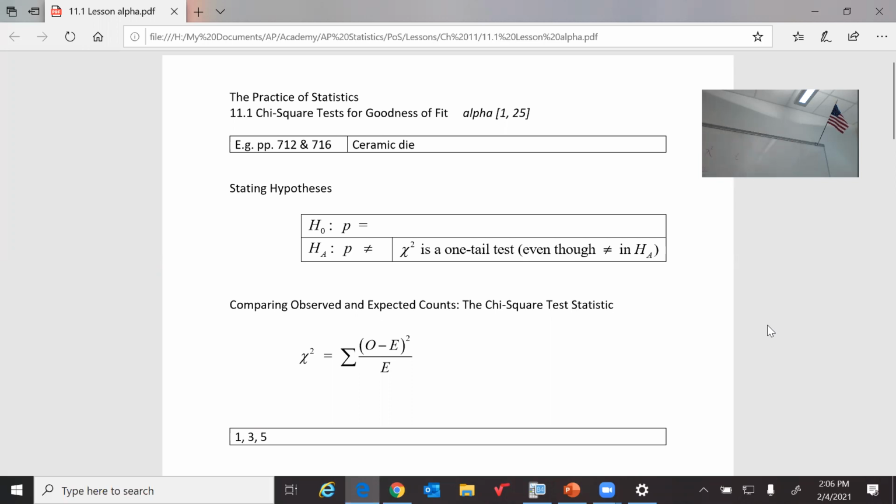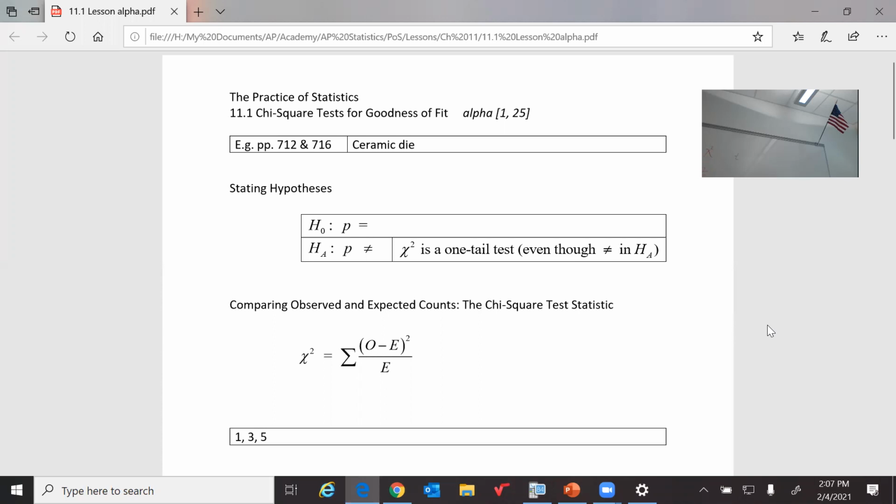A chi-square distribution is one-tailed. The picture's one-tailed, but the alternate is always not equal to. That's different for you. When you've done a one-tailed test up till now, you've had an inequality symbol in the alternate. Not for chi-squared.